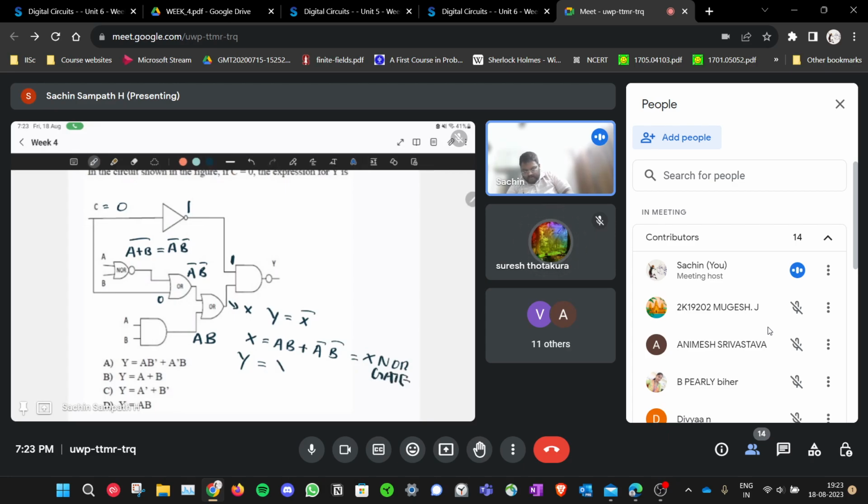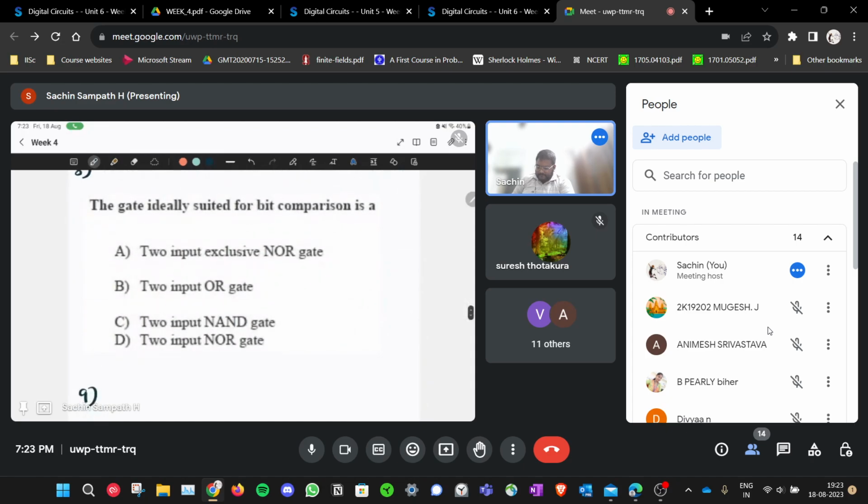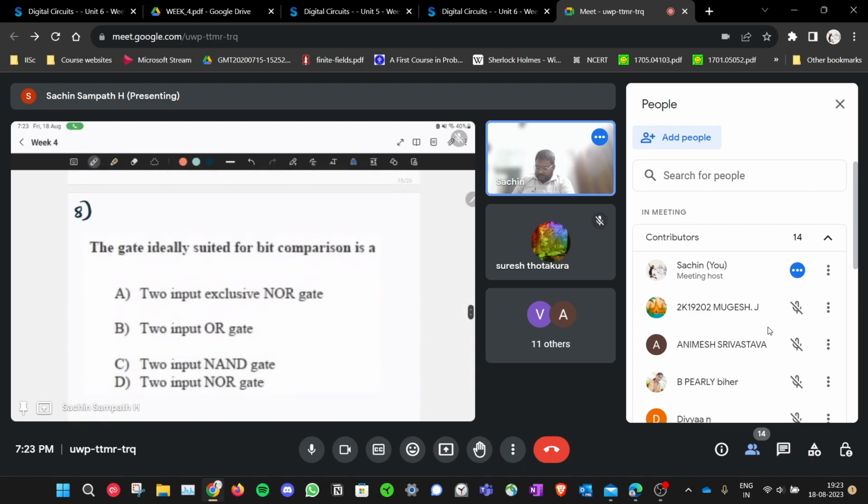Y is XOR gate. If you meant Y is XOR gate, then you are correct. It's this one. A B bar plus A bar B. Okay. What about question 8?